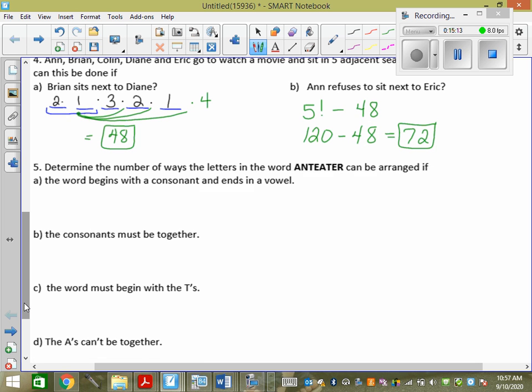Number 5, determine the number of ways the letters in anteater can be arranged if the word must begin with a consonant and end with a vowel. The moment I get anteater, I'm going to go A-N-T-E-A-T-E-R. So anteater has 2, 4, 6, 8.